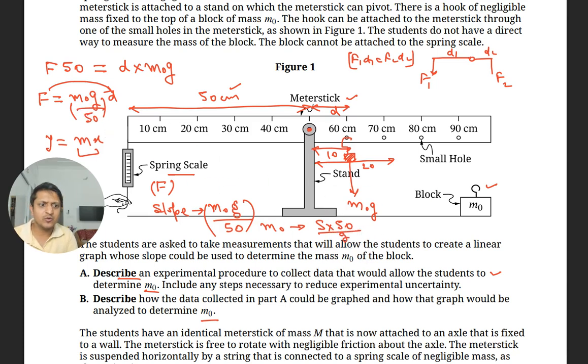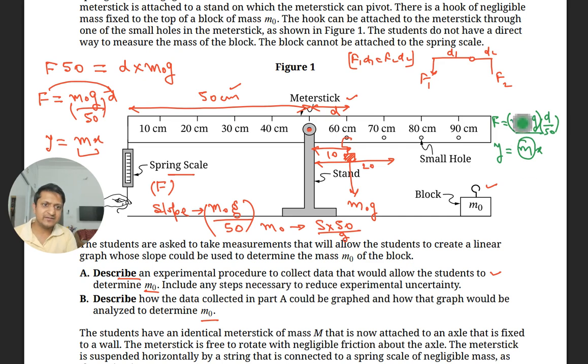You can also go with, if you want, you can say that F is equal to m naught g d by 50. This will also give you a straight line, because this is y equals to mx, a linear equation with a constant slope.